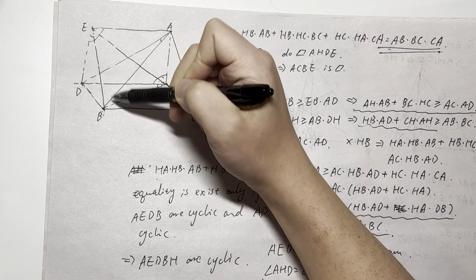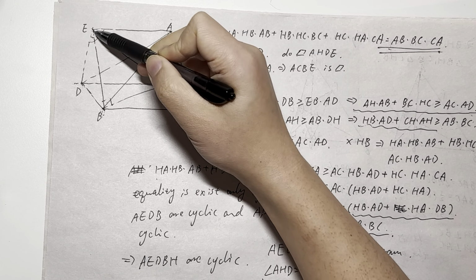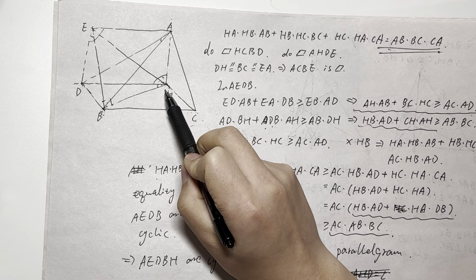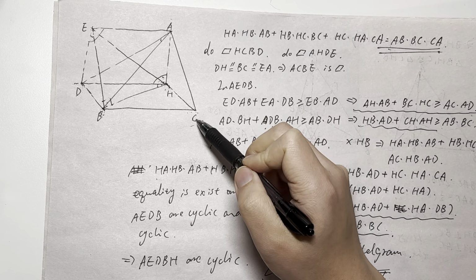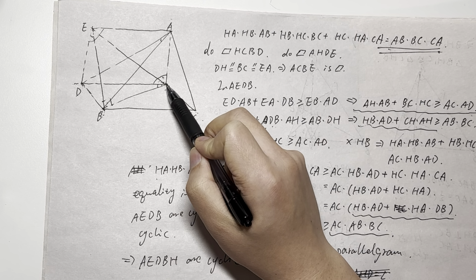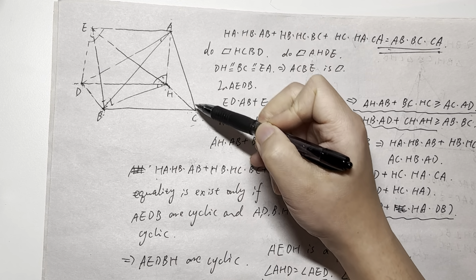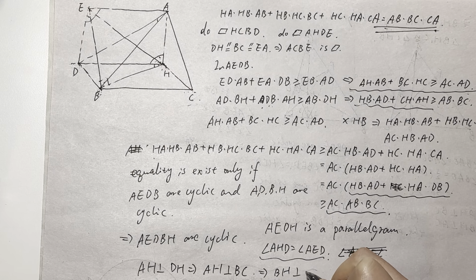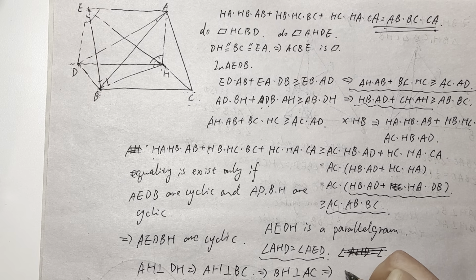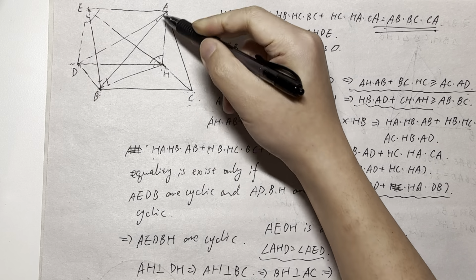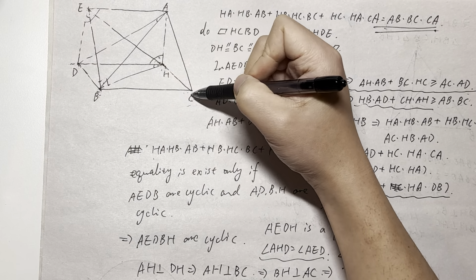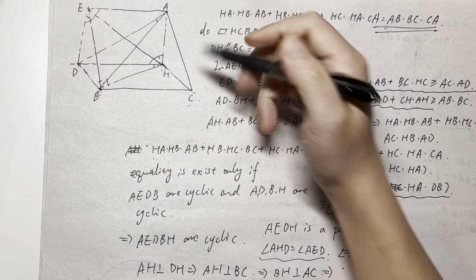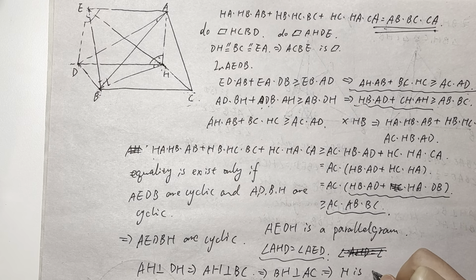That means this would be 90 degrees. So EB is perpendicular with BH and EB is in parallel with AC. So BH is perpendicular to AC, right? So we also got BH is perpendicular to AC, which means that AH is perpendicular to BC and BH perpendicular to AC. So we got H is the orthocenter.